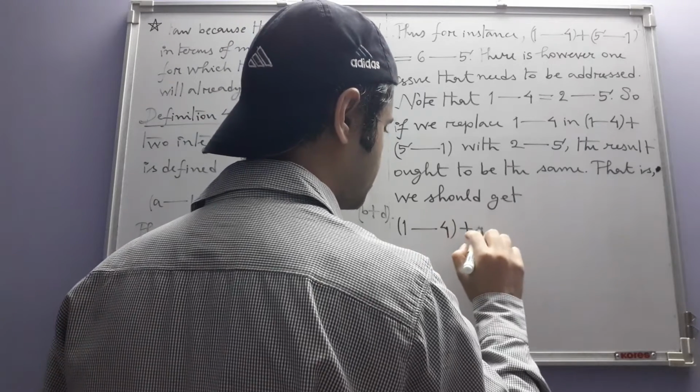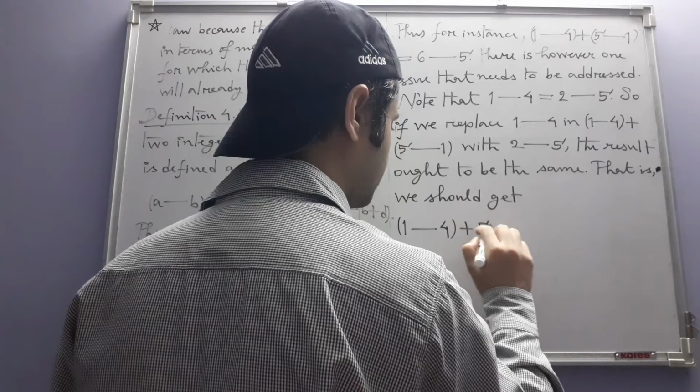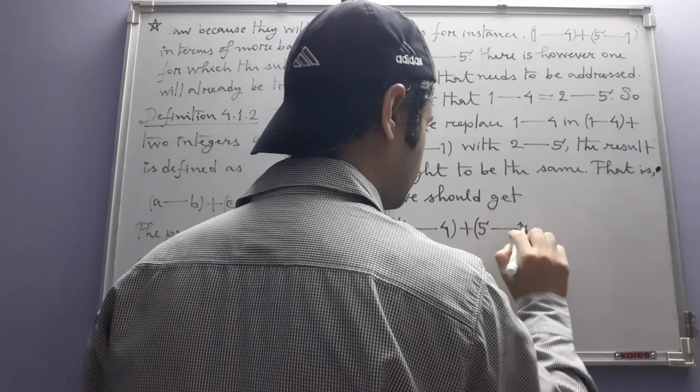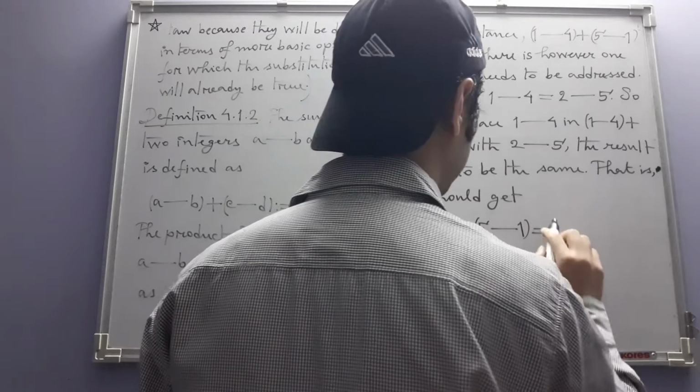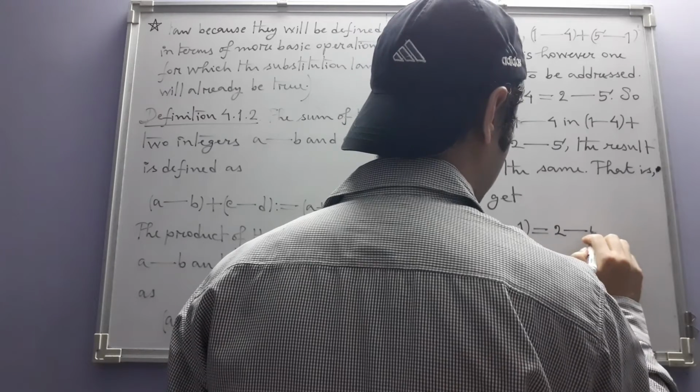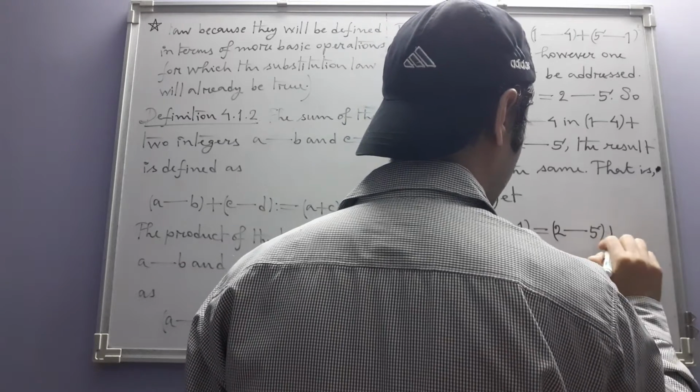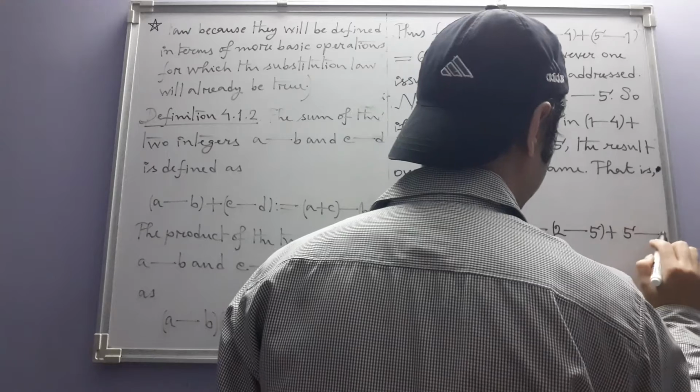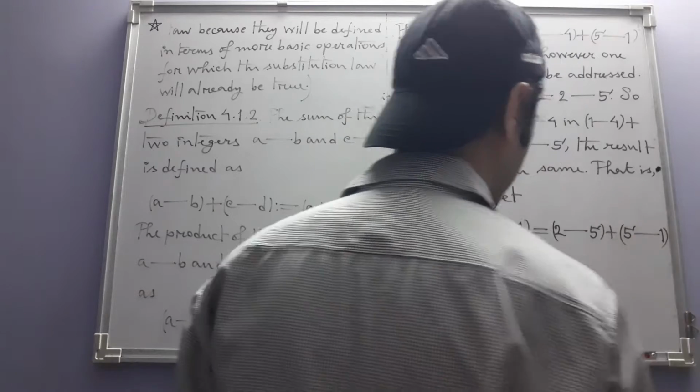1 dash 4 plus 5 dash 1 is equal to 2 dash 5 plus 5 dash 1.